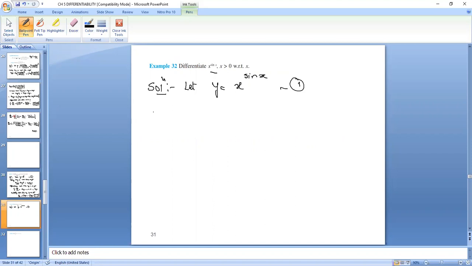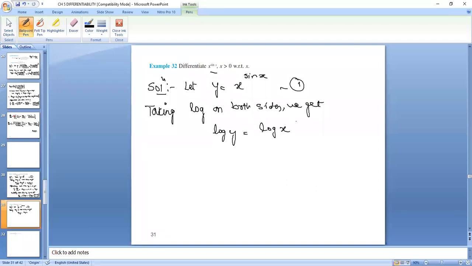The second step is taking log on both sides. We get log y is equal to log x raised to power sin x, which will be equal to sin x log x.